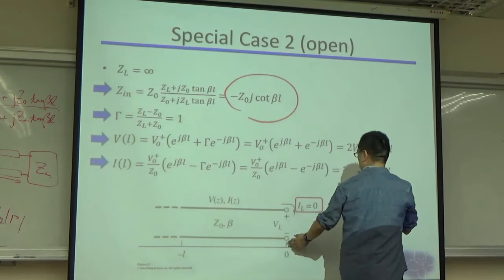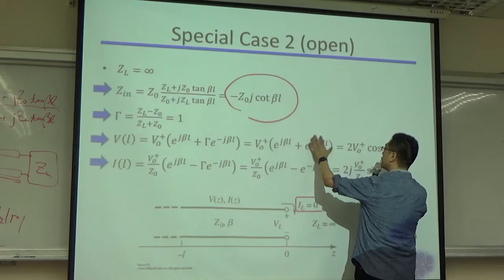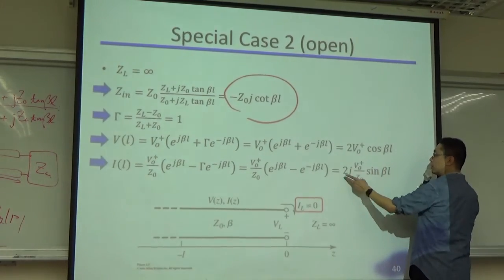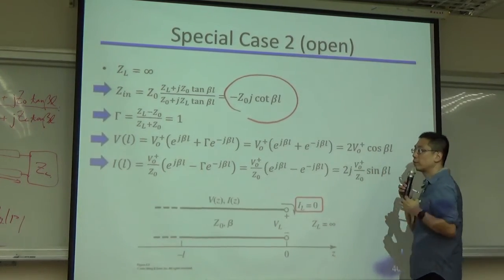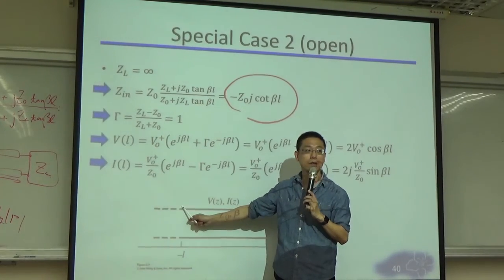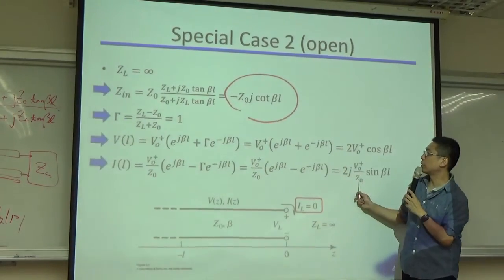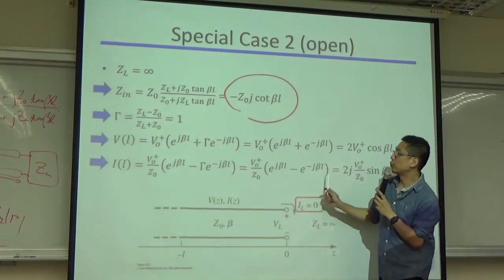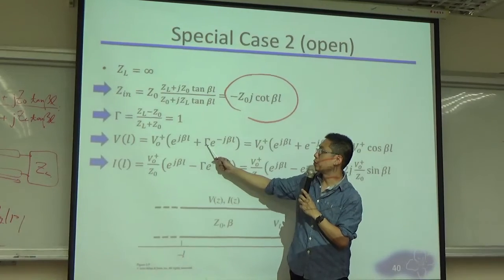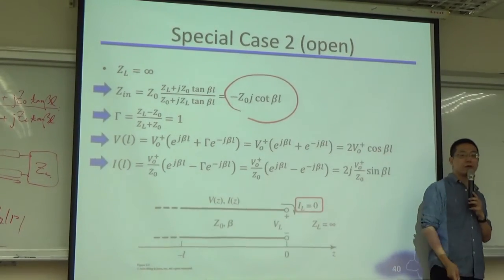So if this is open here, then your voltage becomes this one, and your current becomes that one at the position L. The voltage and the current, and you put your gamma 0, 1 here, and you divide everything, you can get a result.